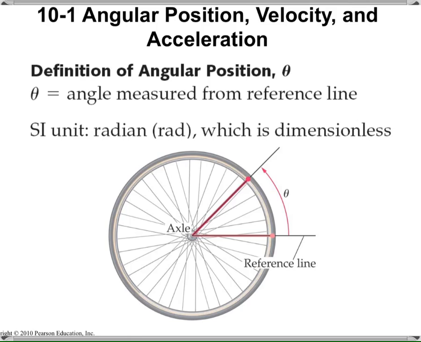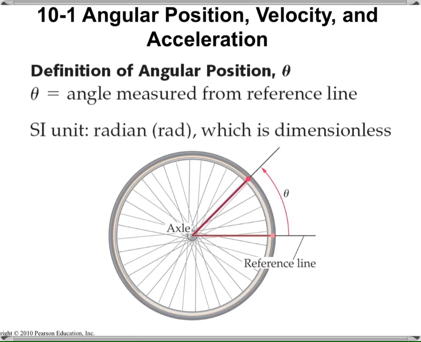But if you measure this angle that the line connecting the point and the center makes with the horizontal line, the x-axis, you can always measure this angle. And measuring this angle is one of the best ways to give the angular position of the point.